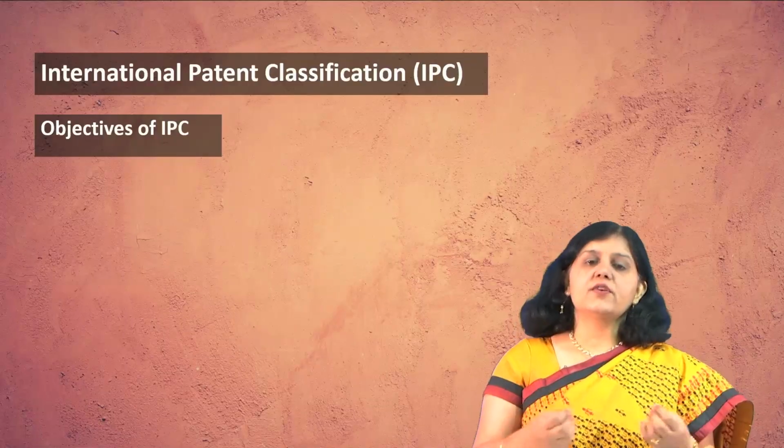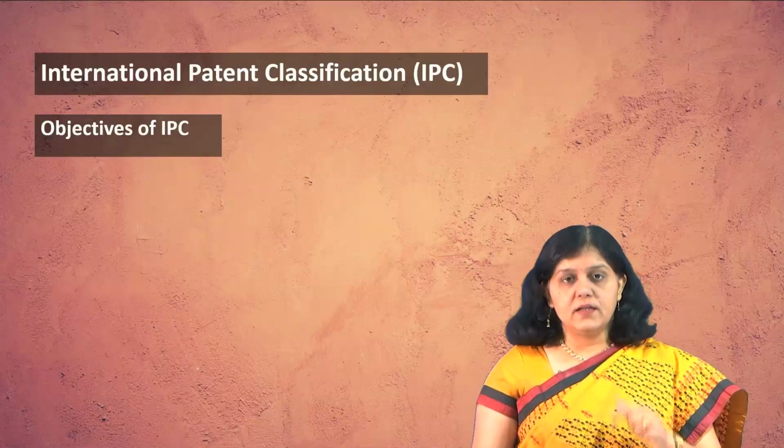That statistical analysis, data analysis kind of thing, you can do by using the IPC system. You just observe and you can guess, oh, this technology domain is developed up to this level, this technology is still developing, it is emerging. So, you can have that idea when you see the international patent classification.